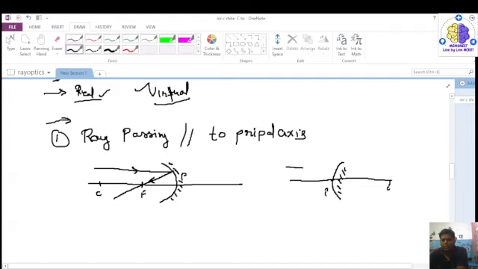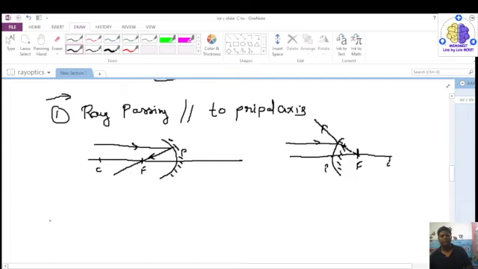The light ray which is traveling parallel to the principal axis would appear as if it is coming from the focus. So the light ray will get reflected in this way, right? Now these dotted lines are being produced backward, and here is the focus. So this reflected ray appears that it is coming from this one, right? So whenever a light ray parallel to the principal axis gets reflected, it gets reflected in such a manner that it passes through the principal focus.